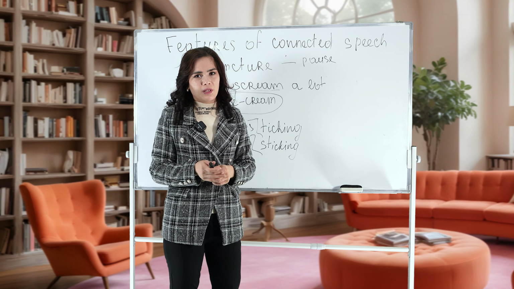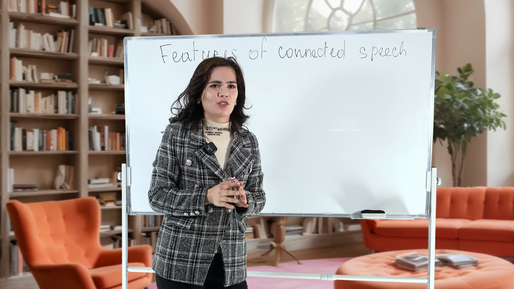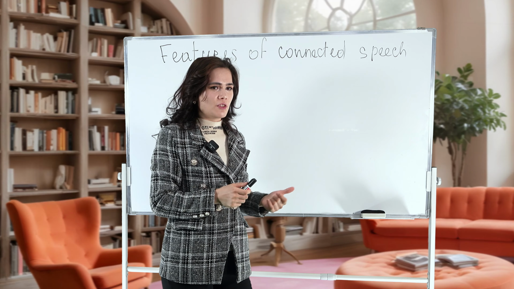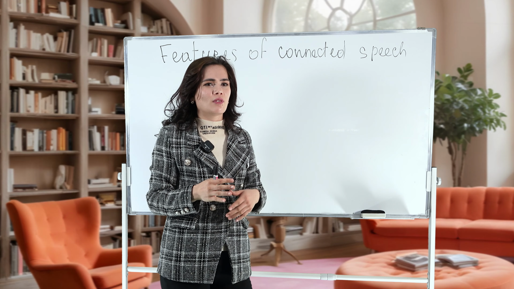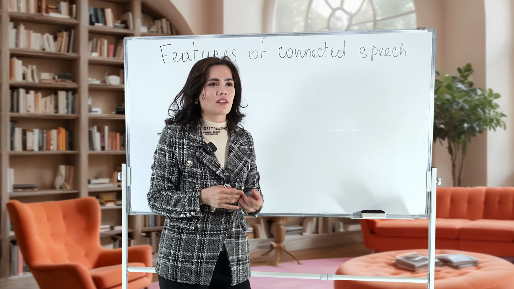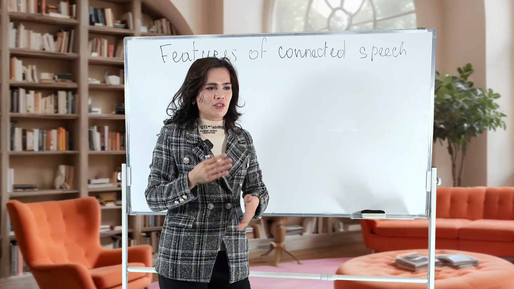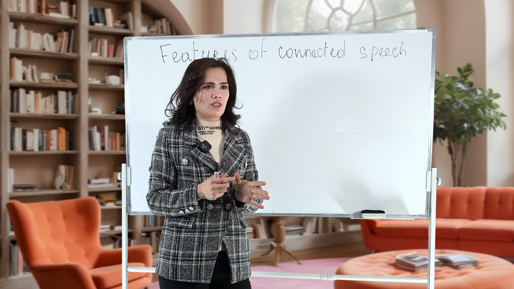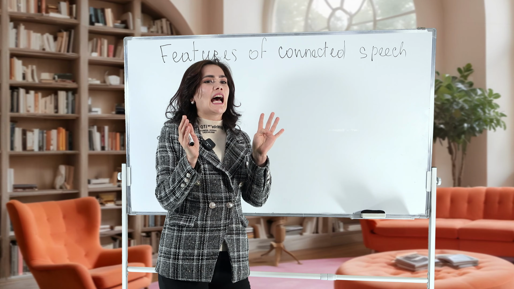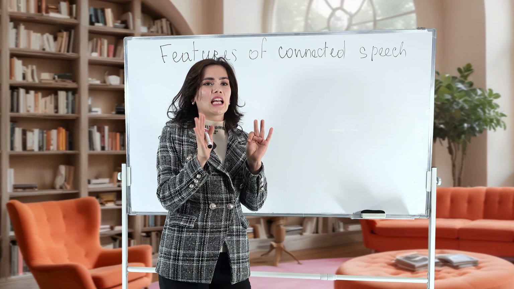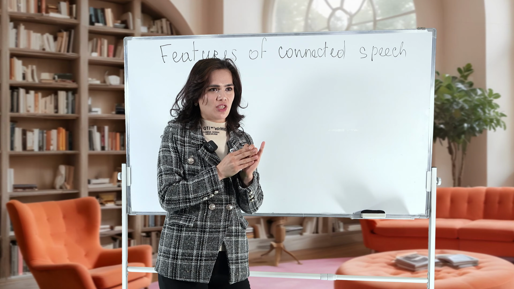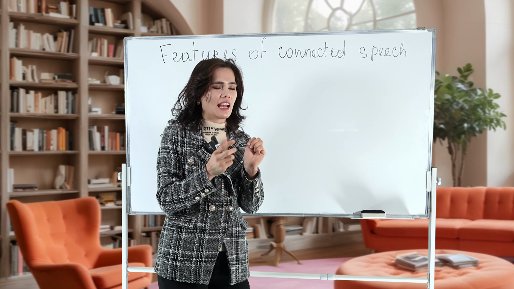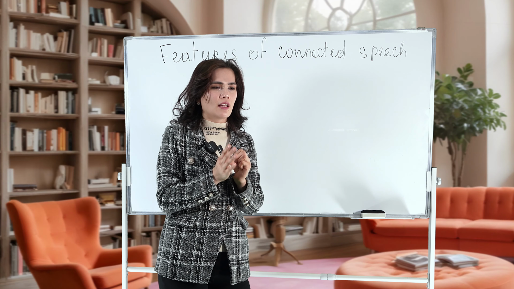Features of connected speech. Okay, let's make a conclusion of today's topic. Features of connected speech can help you to sound more natural, like a native speaker, and in your fluent speaking, you can make several changes: assimilation, juncture, aspiration, elision, linking R, and intrusion.